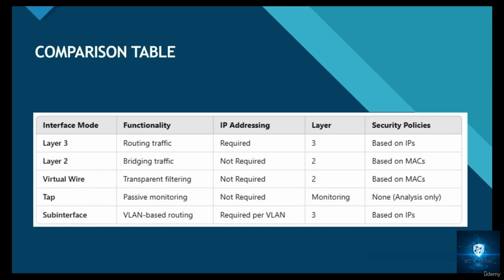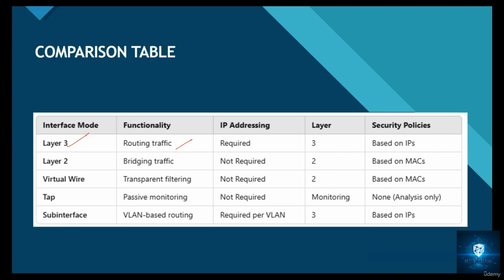Let me erase this. All right, so the next thing is the comparison table. This is a short comparison of the functionality, whether IP addressing is required, the layer that it will work on, and how the security policy works. So on the layer 3 mode, basically this one. Layer 3 functionality is routing traffic.